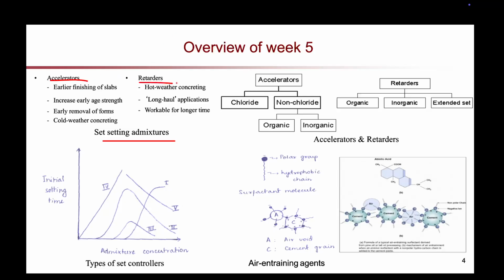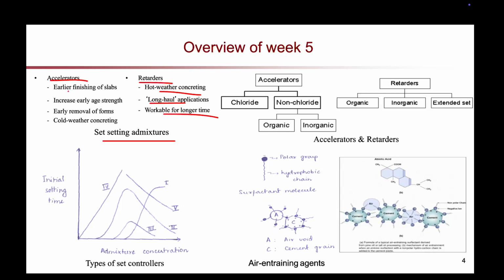However, if we have to ship our concrete from one place to another and there is too much distance in between, we will use some retarder so that your concrete mix doesn't set quickly. So retarders are used for long haul applications and also in hot weather concreting, and the concrete stays workable for longer.